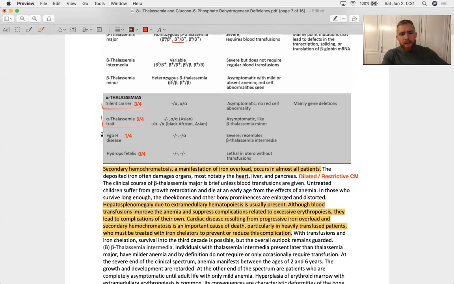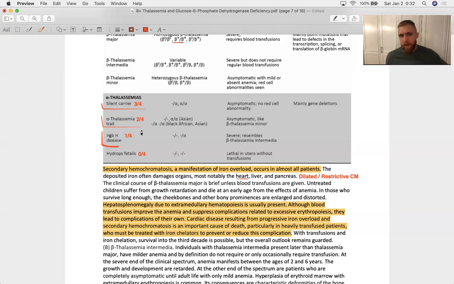And then when you get any less than 2 out of 4 alpha globin genes, if you've got 1 out of 4, that's when you start seeing pretty bad alpha thalassemia disease. We're going to call that hemoglobin H disease. Now, if you have no alpha chains whatsoever, that's incompatible with life.